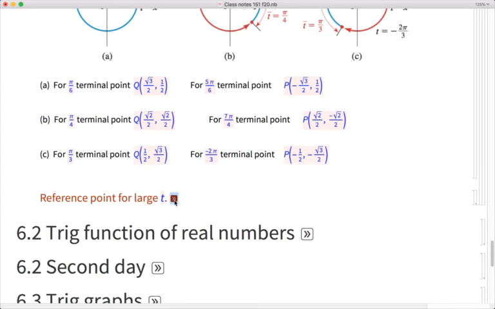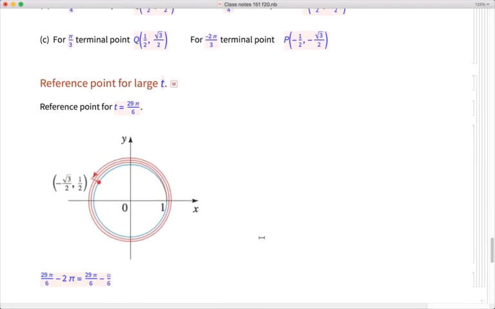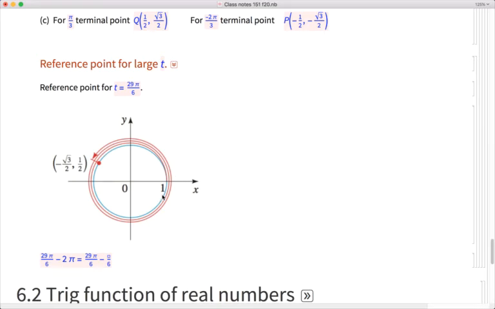One last example. If you have a very large value of t, how do you get the terminal point? And the idea here is this large value of t, it's gone around the circle more than once. Now the picture actually tells me that it's gone around 2 times, 2 full revolutions and some more, but typically what you do is just try to subtract off a multiple of 2 pi.